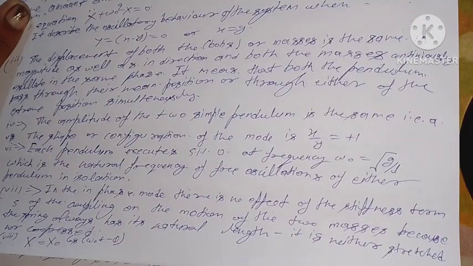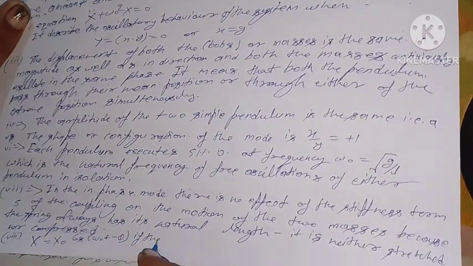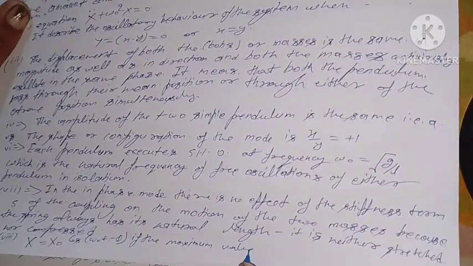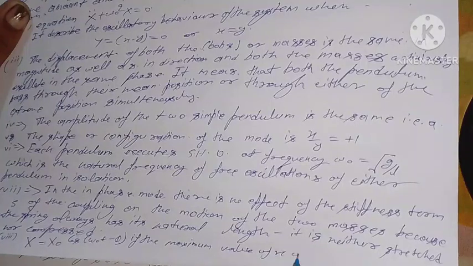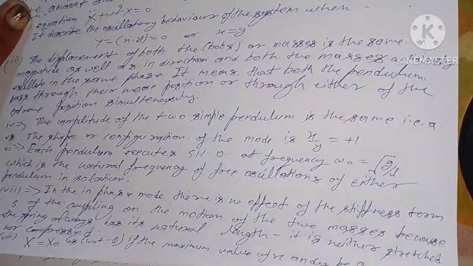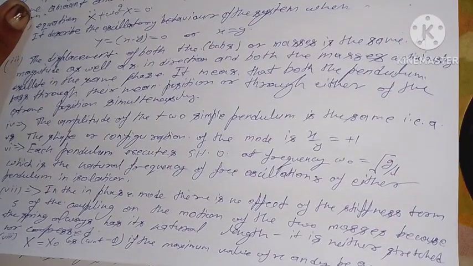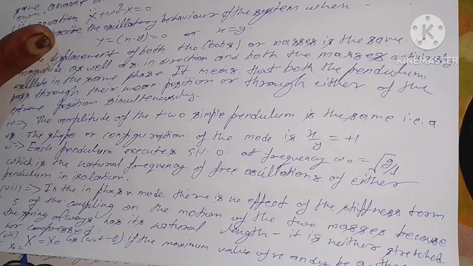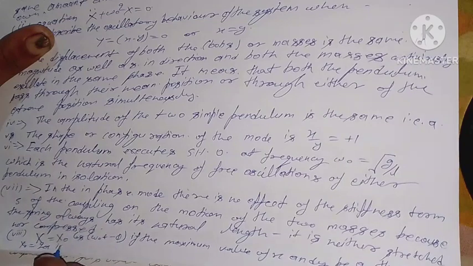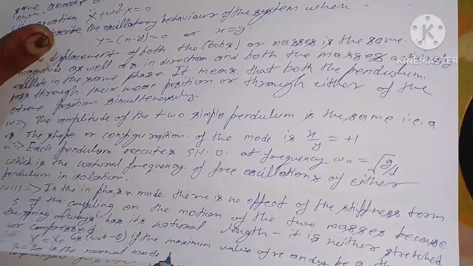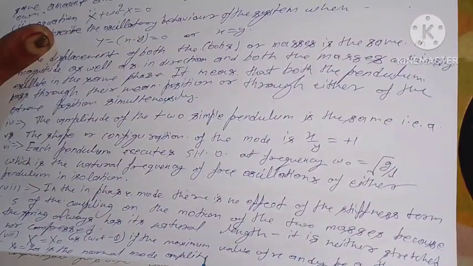If the maximum value of x and y is a, then x naught equal to 2a is the normal mode amplitude.